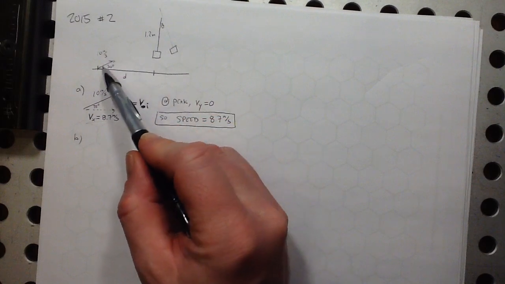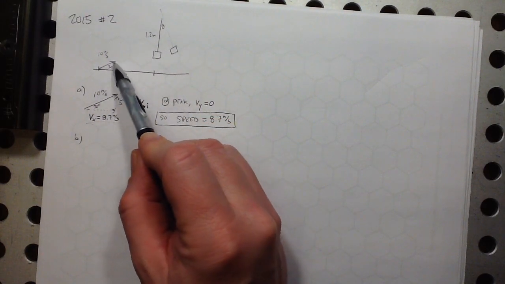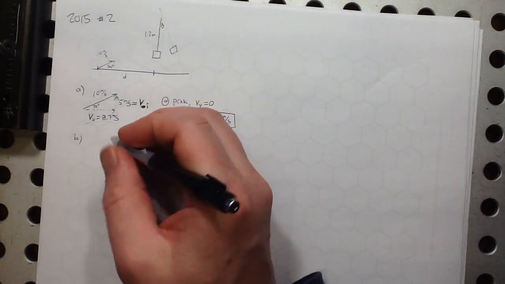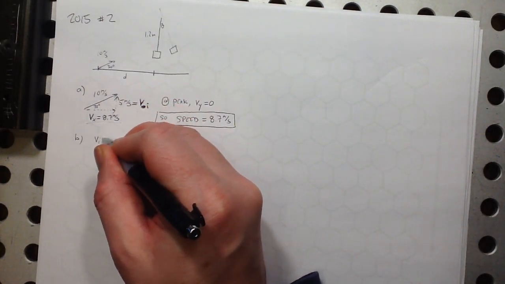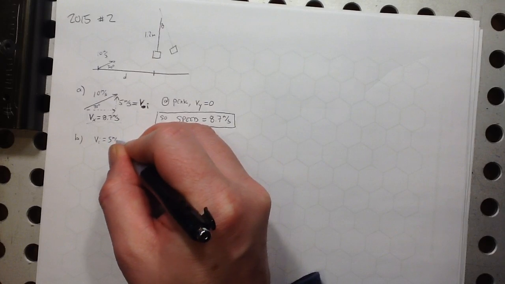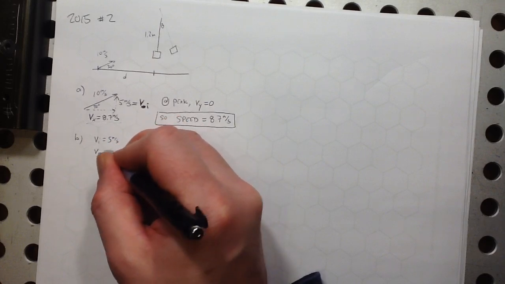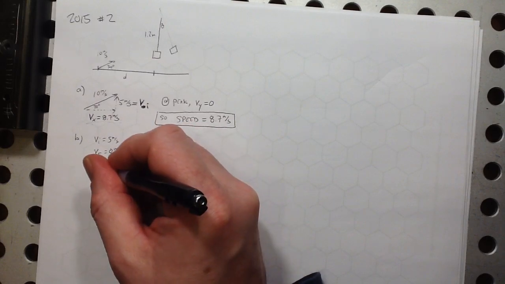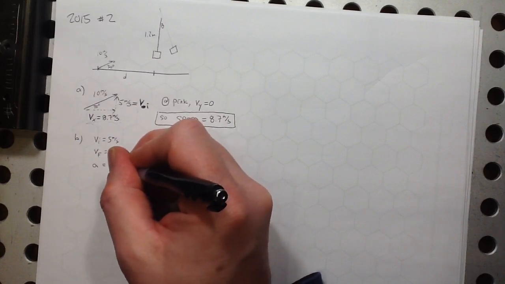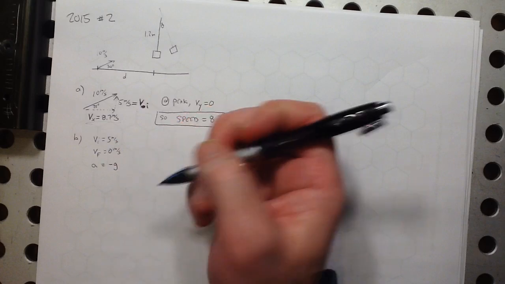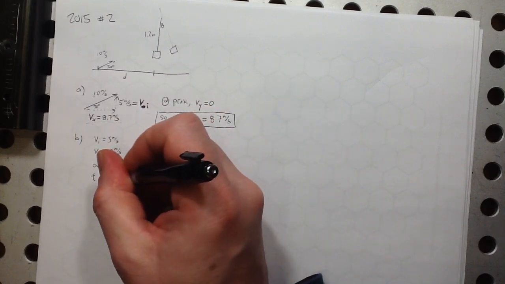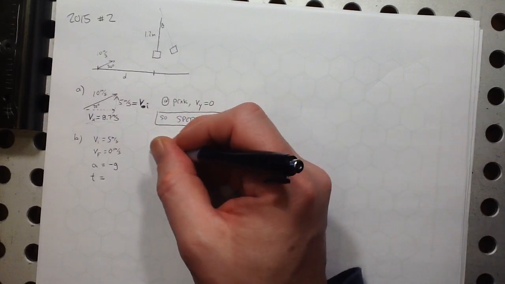So I think I need to consider the vertical part and figure out how long it's going to take to get to the peak. Its initial velocity is 5. At the peak, its vertical velocity is 0. The acceleration is negative g, negative 9.8 meters per second squared, and I'd like to know the time it takes to do that.